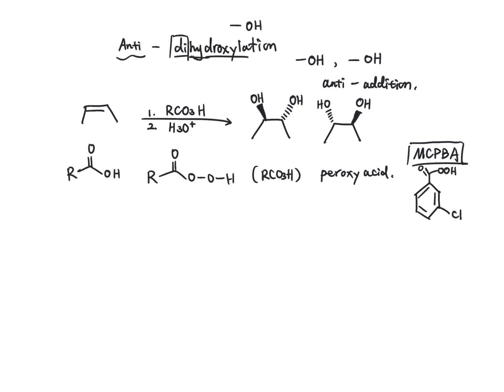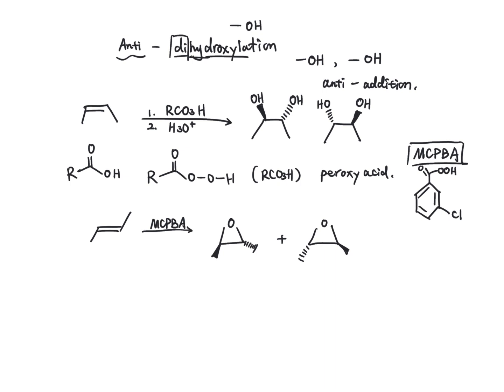anti-dihydroxylation. I will use this alkene as one example. So if we start with this alkene with MCPBA, that is a peroxy acid, and the outcome here is you will form an epoxide. Actually, it's a pair of enantiomers. In this case, if we have this methyl on the wedge, the other methyl will be on the dash, and the other one will be this one dash, the other on wedge.